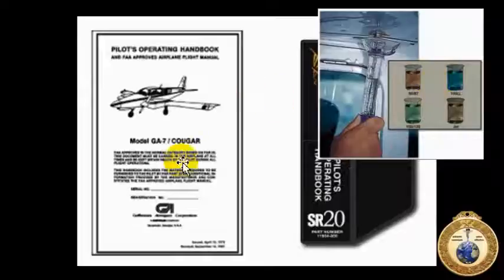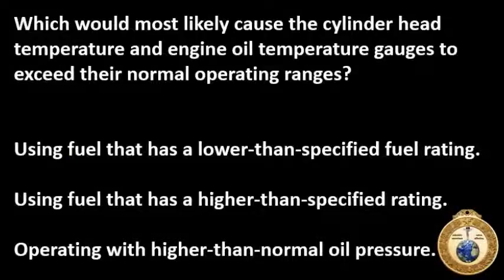Normally you always consult your POH, but normally you can go to the next higher octane and use it temporarily. If you can't find your 100 low lead, then you can go up an octane level, but you would never go down, because then we would have some really bad things going on in the engine, like cylinder head temperatures that are high, and engine oil temperatures that may exceed their normal operating range.